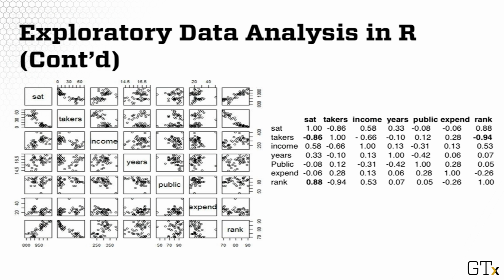The respective correlations are 0.58 and 0.33, indicating that higher levels of income and years of education in sciences and humanities are generally associated with higher SAT scores. However, this does not imply causation, and each of these trends may be nullified or even reversed when accounting for the other variables in the model.